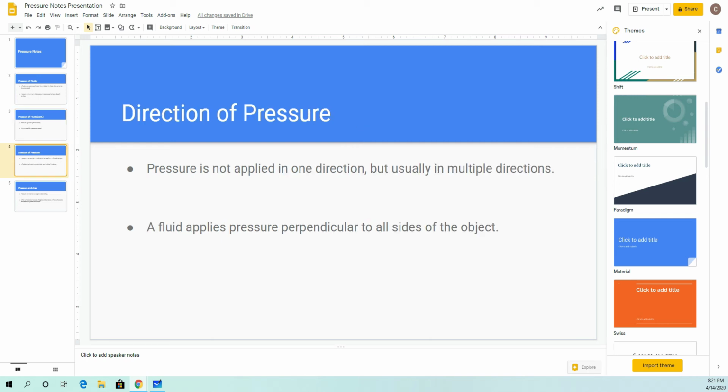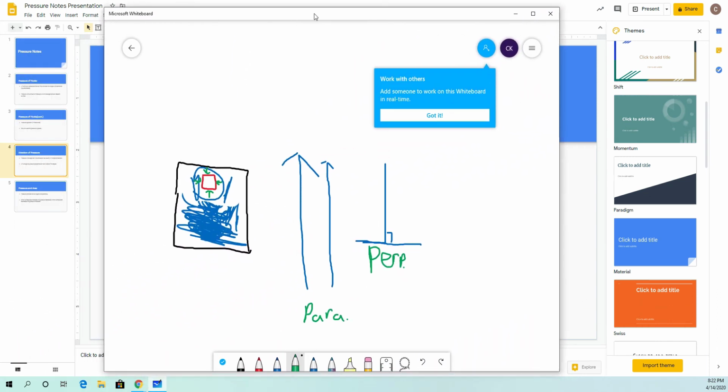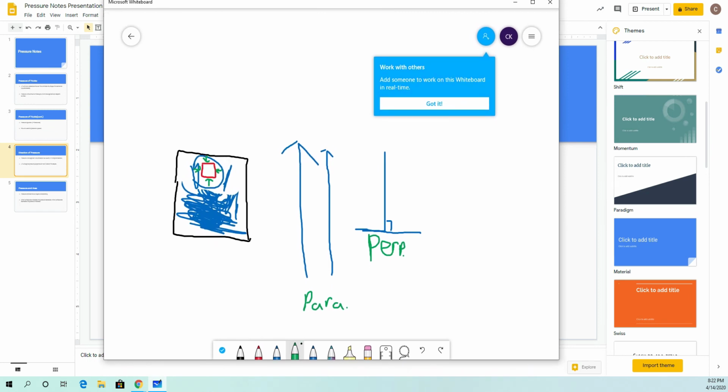With direction of pressure, I know the video didn't talk a lot about this, but pressure is not typically applied in one direction, but is usually applied in multiple directions. A fluid applies pressure perpendicular to all sides of the object. Now I'm bringing in a whiteboard to show you what I'm talking about.